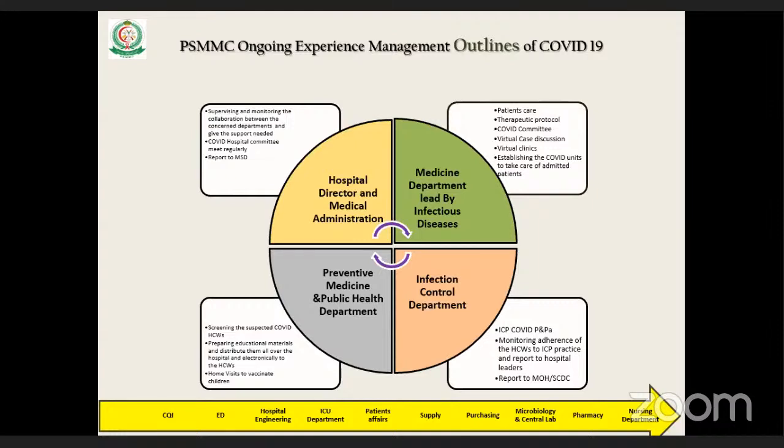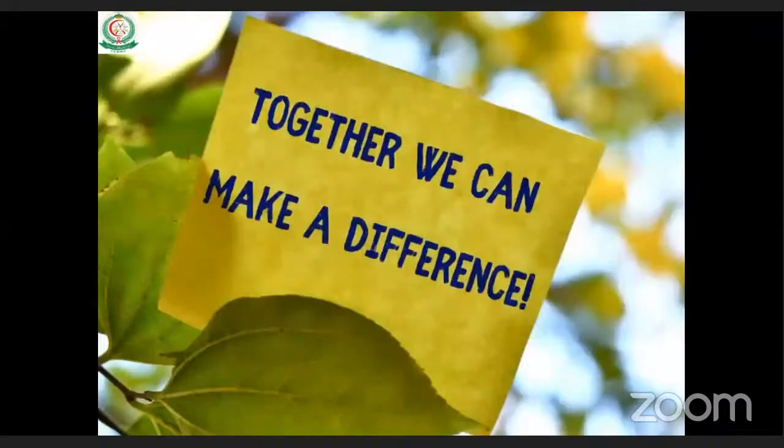And it's worth mentioning that over the initial 5 months, we were meeting on a daily basis almost. And then with the stabilizing, with the decline of the cases, this meeting became less frequent. So the message is that when we work together, we can make a difference.